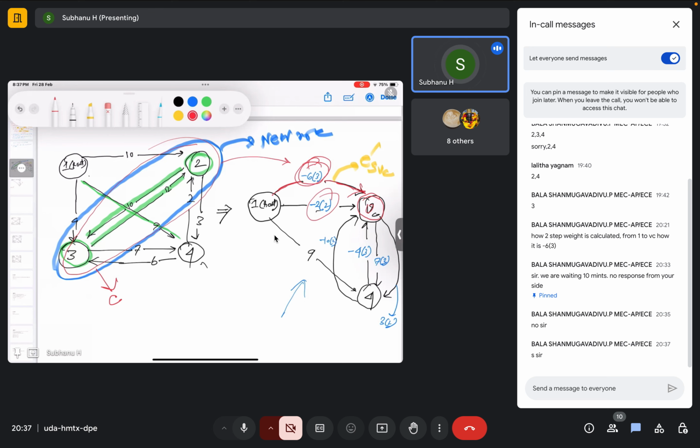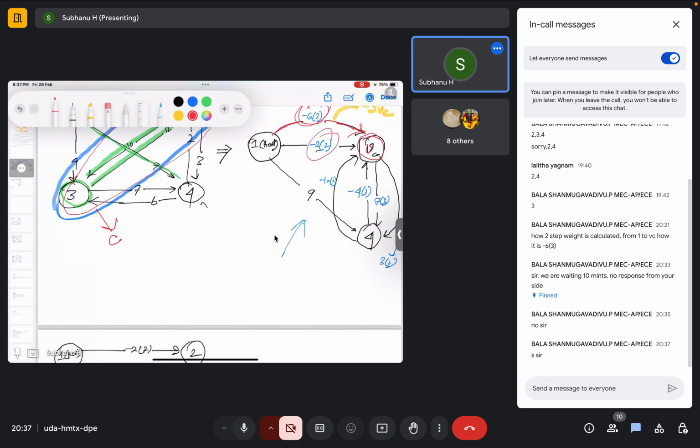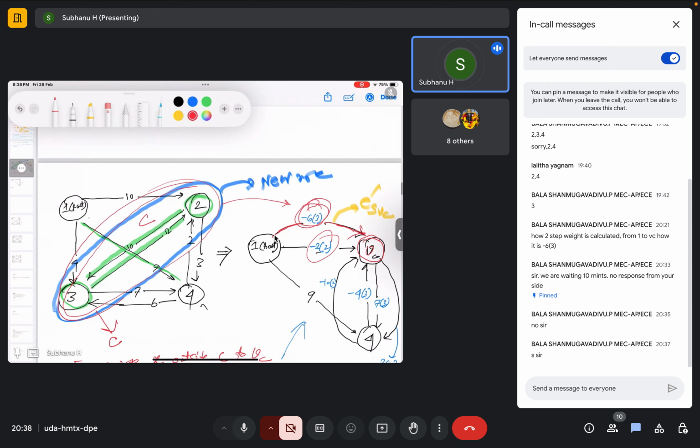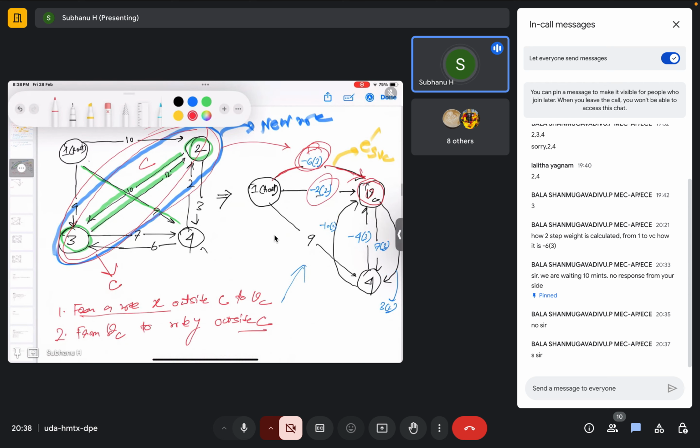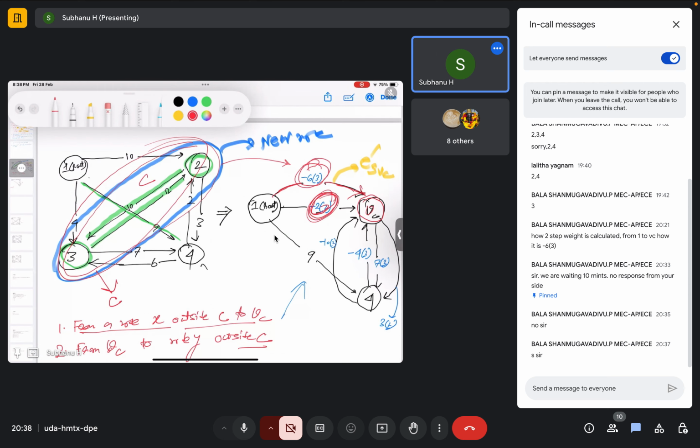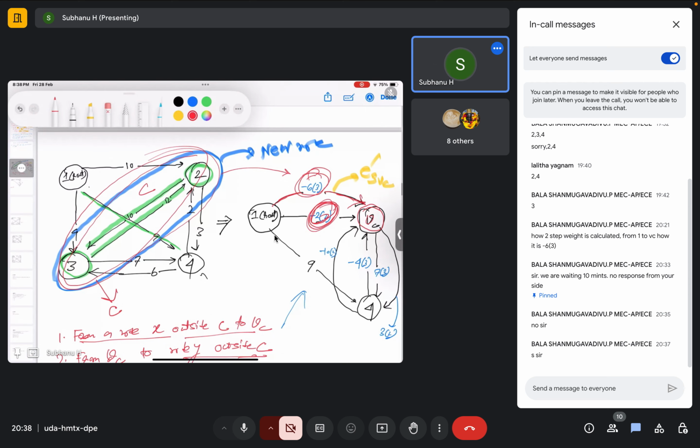We need to define new weights for the edges: from a node X outside C to VC, and from VC to a node Y outside C. C means circle. So from a node X outside C to this one, and from VC to node Y outside C. That means these ones.